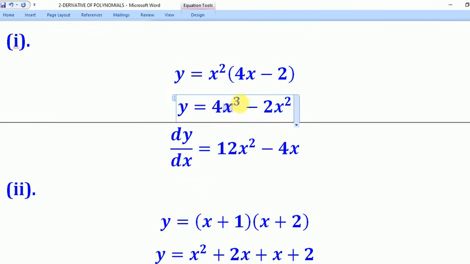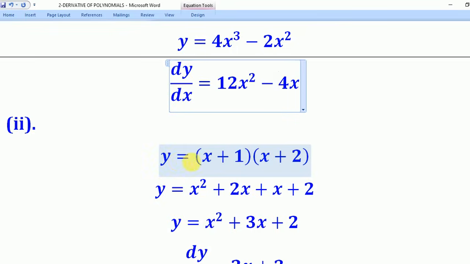This will be 3 times 4, which gives 12, times x to the power 3 minus 1, which is 2. Then minus 2 times 2, which gives 4, and reducing the power by 1 gives power 1, the same as x. Therefore the result will be 12x squared minus 4x, and that is our answer.